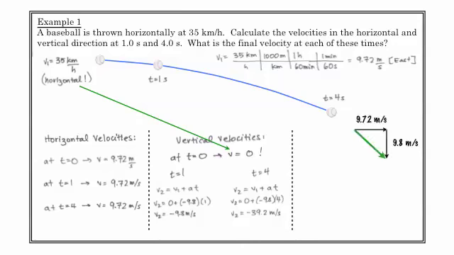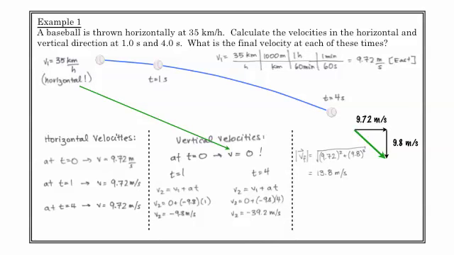So here's a little diagram of t equals 1 second. We have a horizontal velocity of 9.72 and a vertical velocity downwards of 9.8. And so we can use the Pythagorean theorem to find the final velocity, and it ends up being 13.8 meters per second.